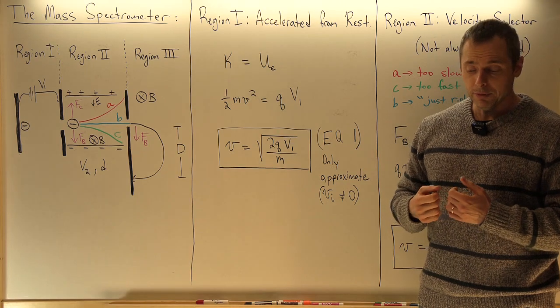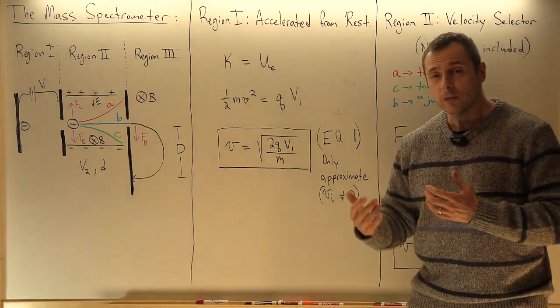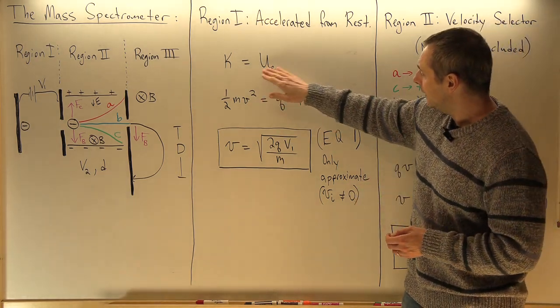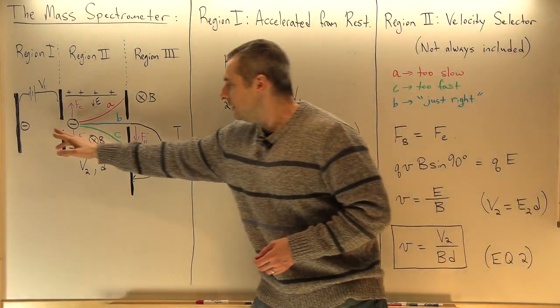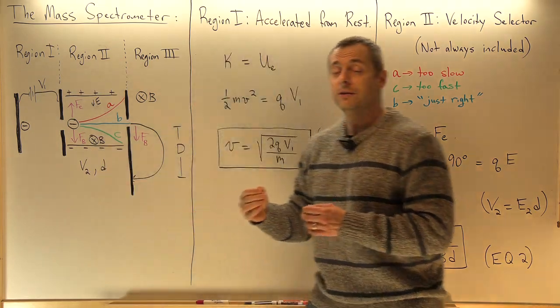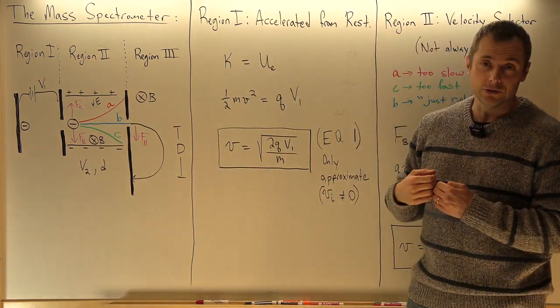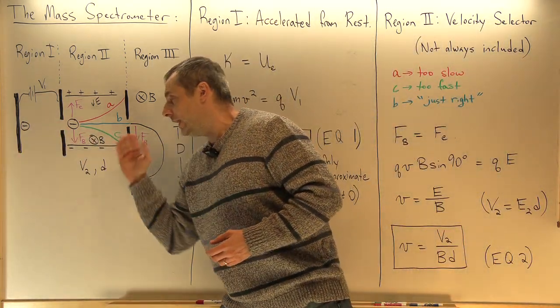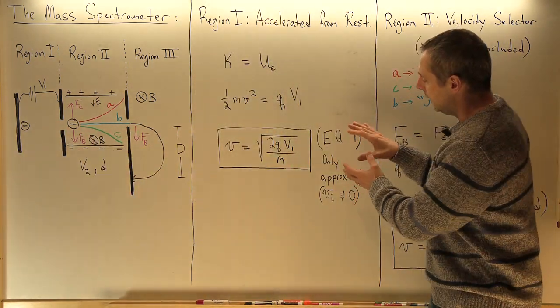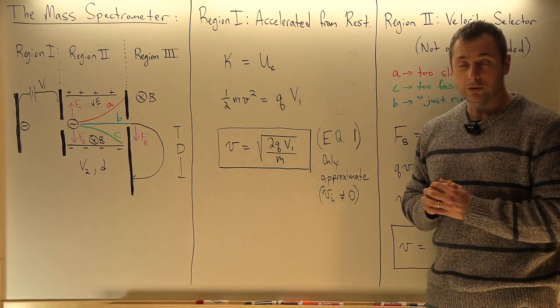And that's not what happens. You start with things already moving because of the thermal energy. So this technically has another kinetic energy over here. And furthermore, some of these ions might start over here, so they have less energy or less speed, or they might have more kinetic energy, have more speed. So this is, again, only an approximate value.